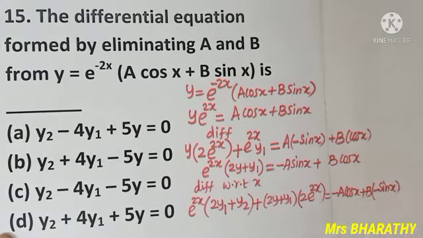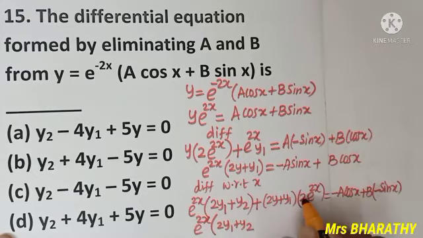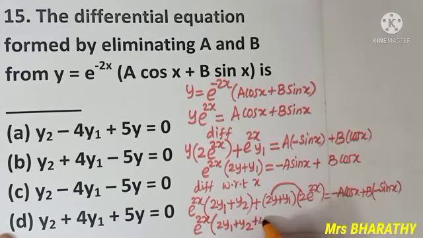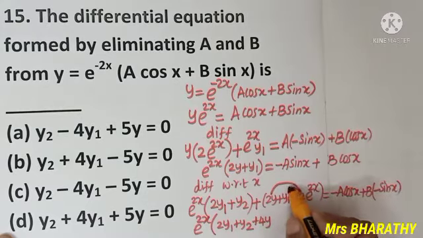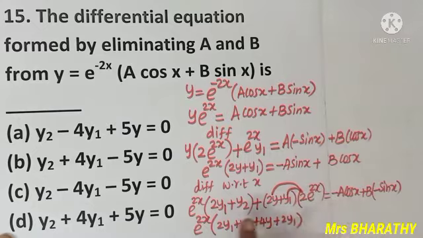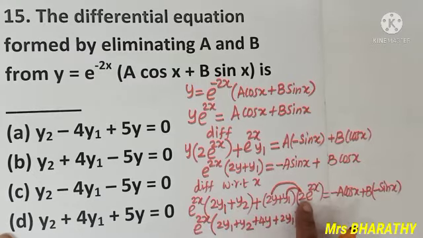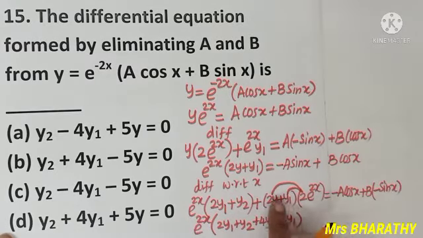In LHS, e power 2x is common. As I take e power 2x out, I am left with 2y1 plus y2, 2 into 2y. I will write 4y. 2 into y1, I will write 2y1. So from both the terms, we have taken e power 2x as common. I am left with 2y1 plus y2. Here 2 and this bracket left out, 2 into 2y, 2 into y1.